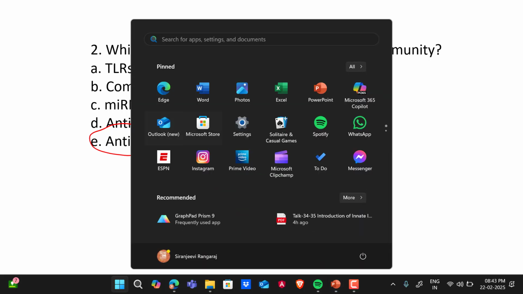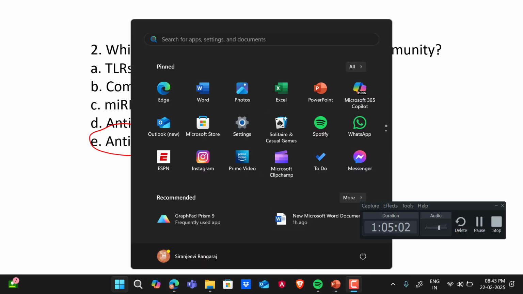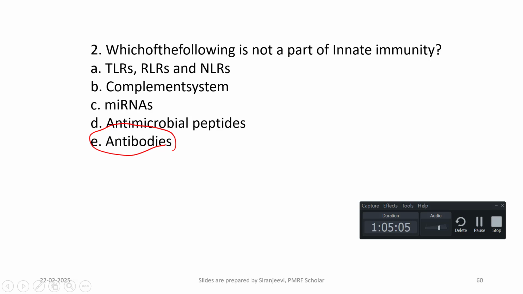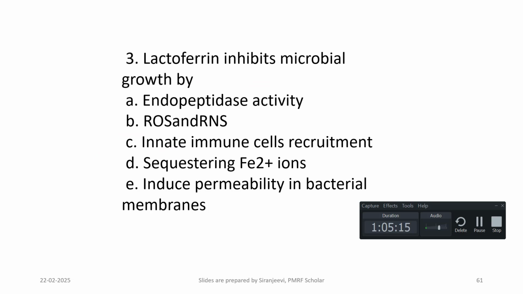What is ferrin? I'm giving the idea itself. Ferric chloride. What is ferric chloride? You studied ferric chloride, ferrous chloride. Sequestering Fe2 plus ions. That's why it's called lactoferrin, for body protection. Lacto means it's secreted in the milk. Mother's milk will be there, so it's secreted in the mother's milk. So lactoferrin.